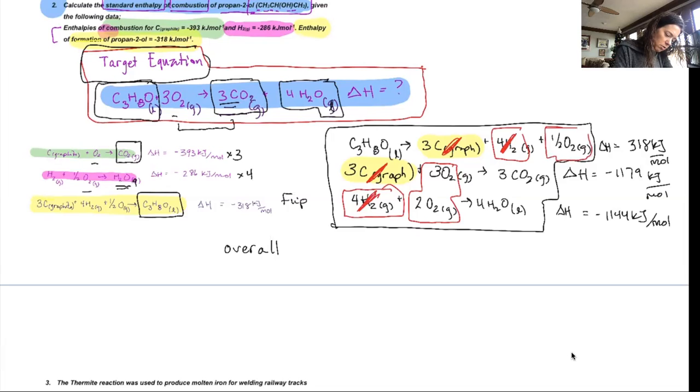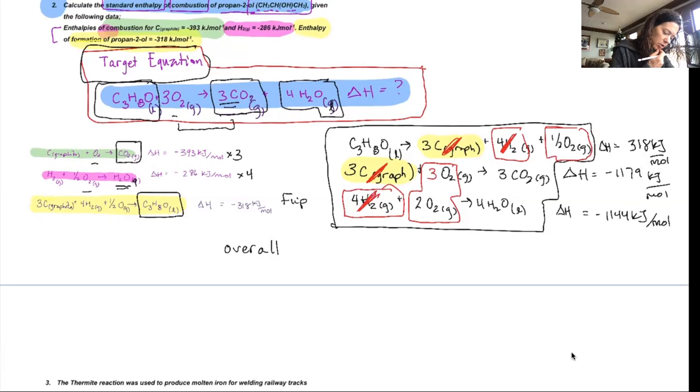Something is wrong. Did I write something wrong? Times 4. 4 times 1/2 is 2. Oh, there you go. I did right here, didn't I? Is that 2? The graphite. This is 1/2. And y'all, let me tell you, I've literally been on this computer doing these for 4 or 5 hours now. I'm not going backwards. Graphite came from here. That was times 3. That is clearly a 3.